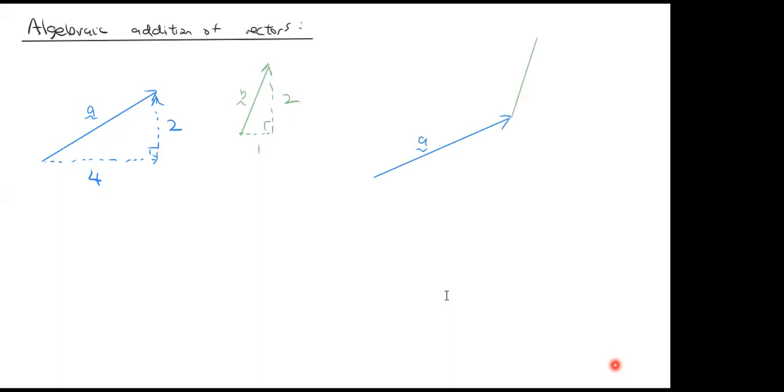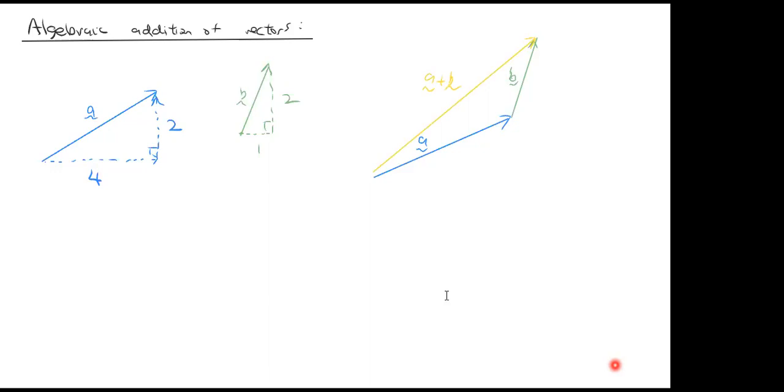Something along those lines. And then this would represent your a plus b. And that was your graphical method. And that's all perfectly fine. That is completely valid. But let's just think about it algebraically now.